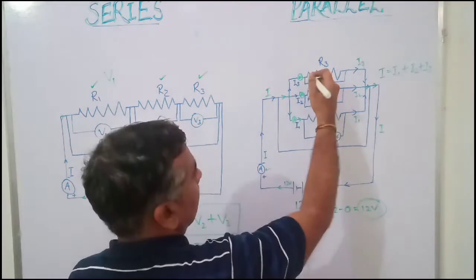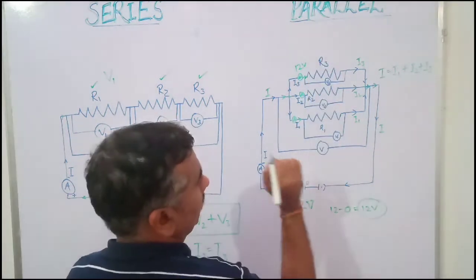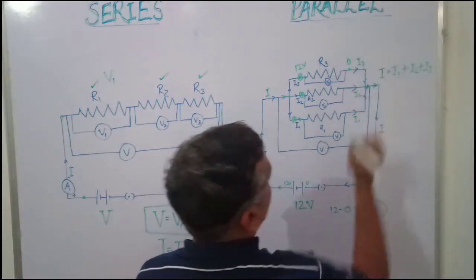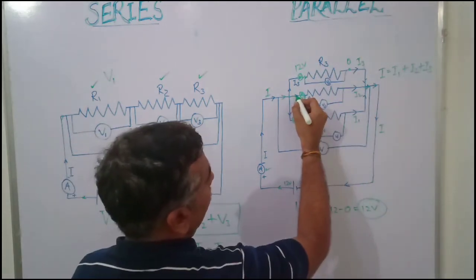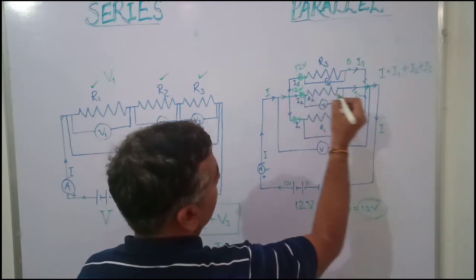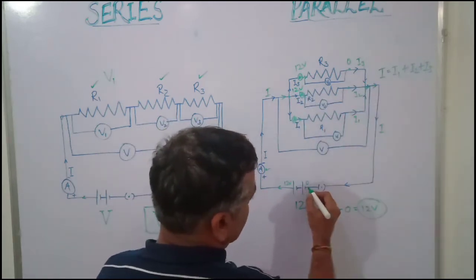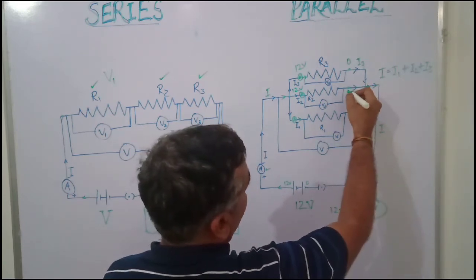So this side of the resistor has 12 volts of potential energy, but when the current reaches here, it has 0 potential energy, right? Same here: when the current reaches here, it has 12 volt of potential difference, but when it reaches here, it has reached this point, the minimal potential, so once again 0.